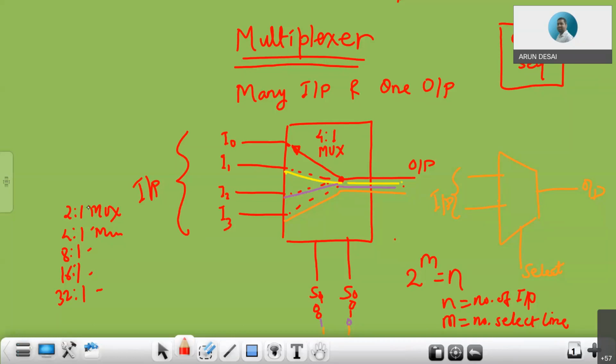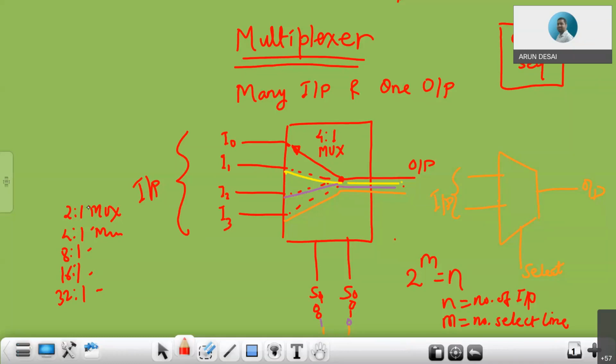So what are the advantages of multiplexers? Multiplexers are used for reducing complexity. Circuit complexity is reduced by using this multiplexer. And for this multiplexer, ICs are now directly available in digital circuits.